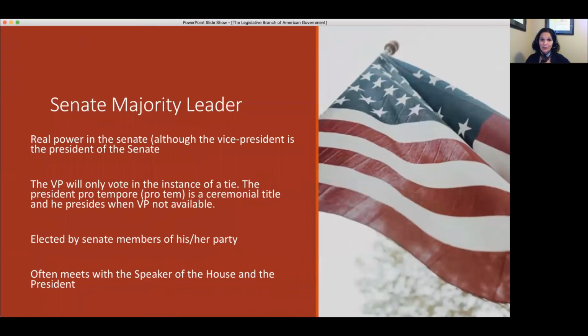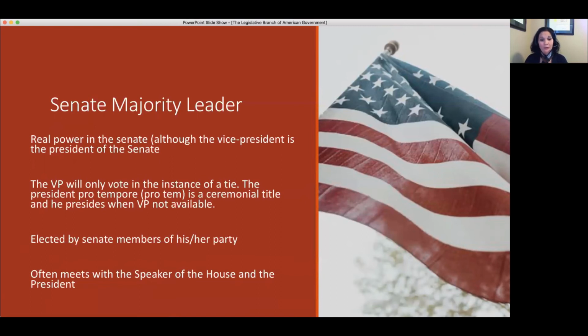The Senate Majority Leader is the real power in the Senate, although the Vice President is the President of the Senate. But the Vice President will only vote in the instance of a tie. Otherwise, the real power lies in the Senate Majority Leader. The Senate Majority Leader is the most visible member of the Senate.